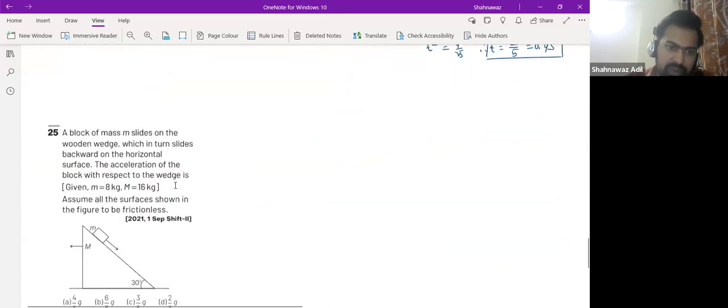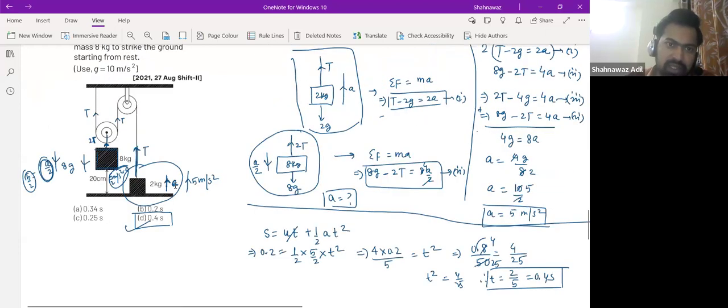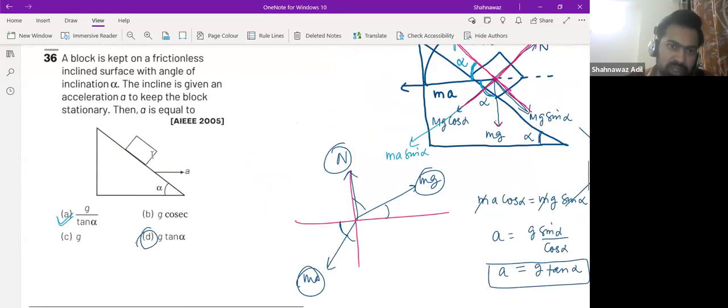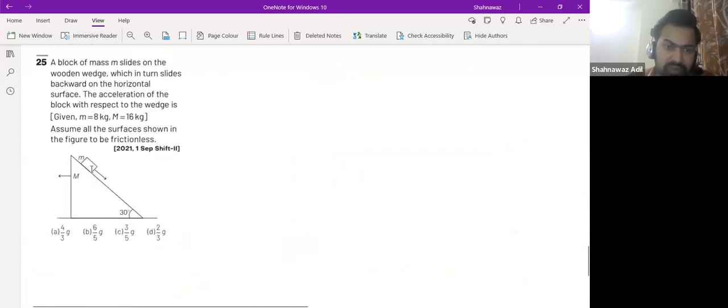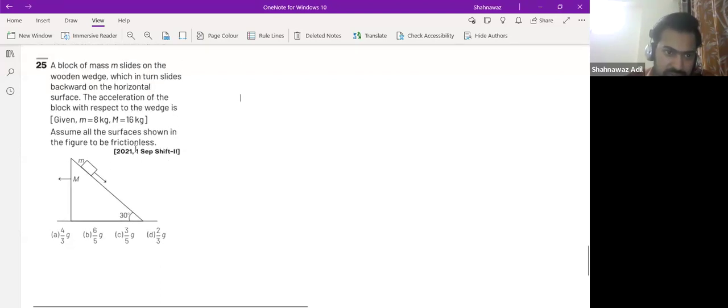So we have a similar case, and let's see what happens. But there are numerous complications, because in this case the mass was not moving, right? This mass was fixed. But in this case, the mass is moving. So we have different complicated scenarios, right? First we have a block of mass m that slides on the wooden wedge, which in turn slides backward on the horizontal surface.